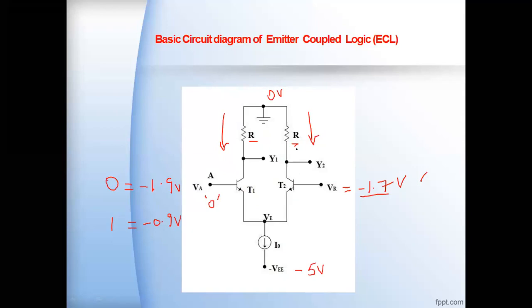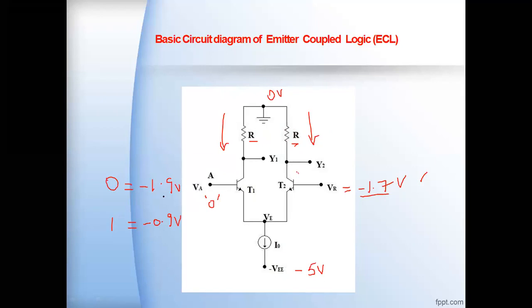When more current is flowing in transistor T2, what about the voltage drop? The voltage drop will be high, isn't it? The higher current drops more voltage, therefore the voltage drop in the resistor R is more in the T2 network. Now, what about the T1 transistor?